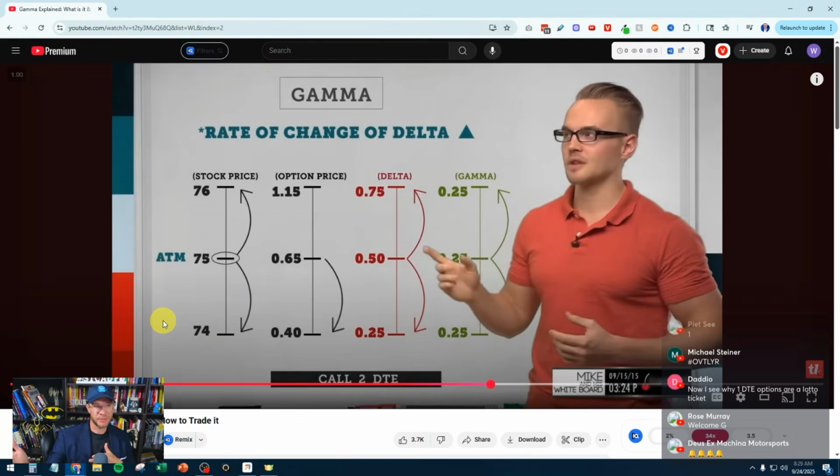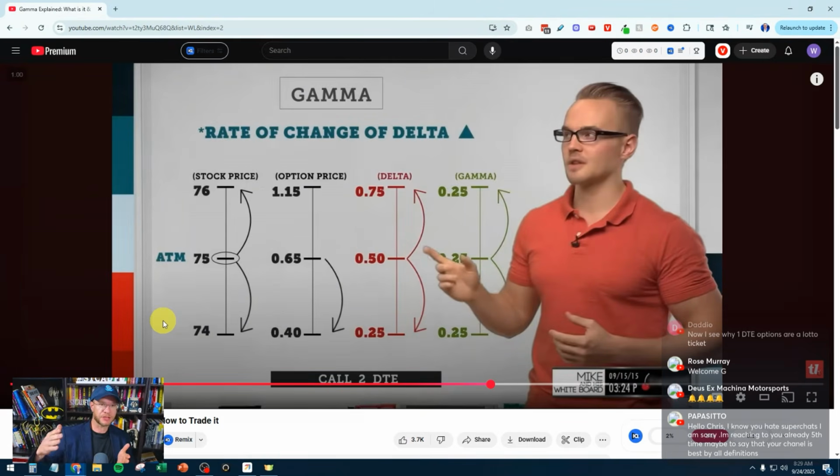So if you're talking like a leap option, something 90 days, 180 days, long-term option, gamma's not going to move all that much. If you are talking about, I like to start at 21 days or so, it's not going to move all that much, right? Gamma is there. It is the change between each delta, and you can see it on every options chain. And when it gets closer to expiration, that is when gamma really starts to explode.